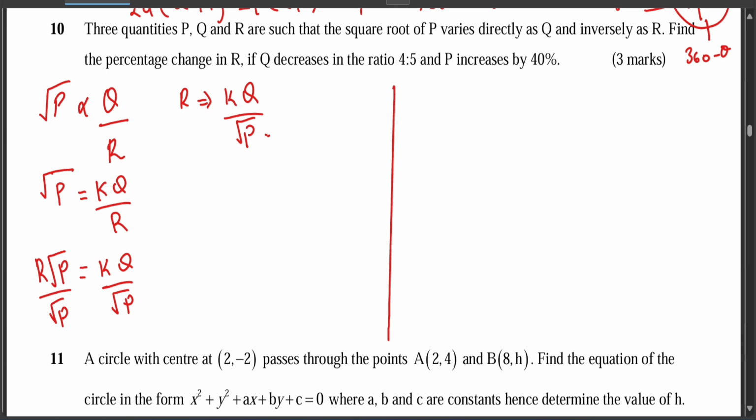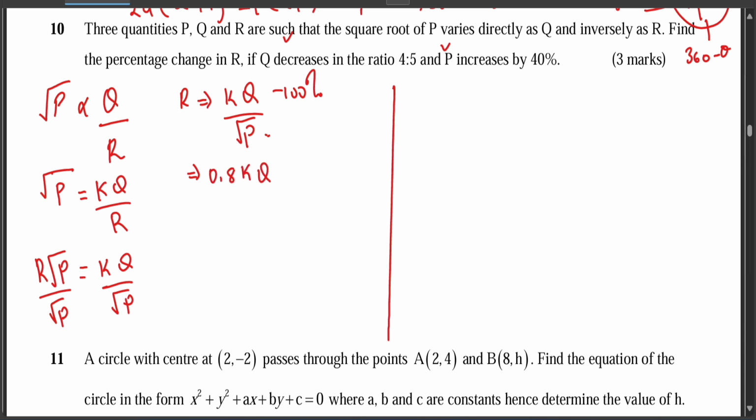Because the ones that increase and decrease are Q and P, and the question asks to find the percentage change in R. Okay. So this is 100%. Now Q decreases in the ratio 4:5, which is 4/5, and 4/5 is 0.8. So it's 0.8 KQ.